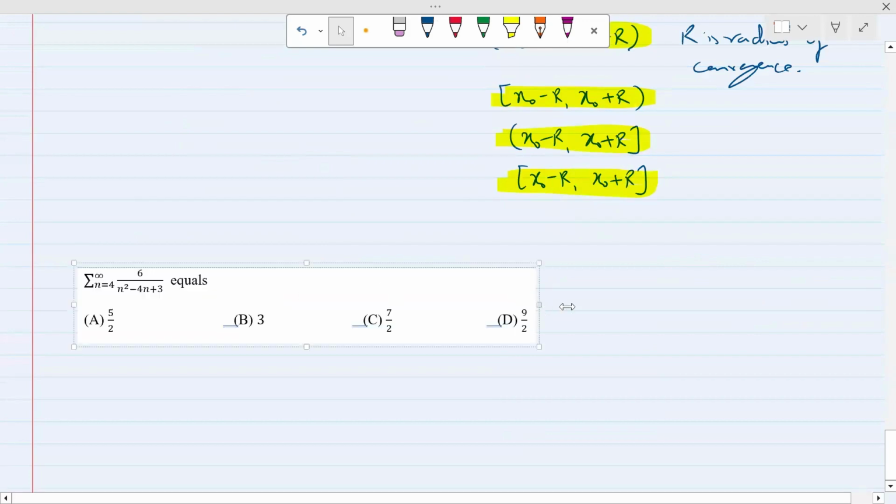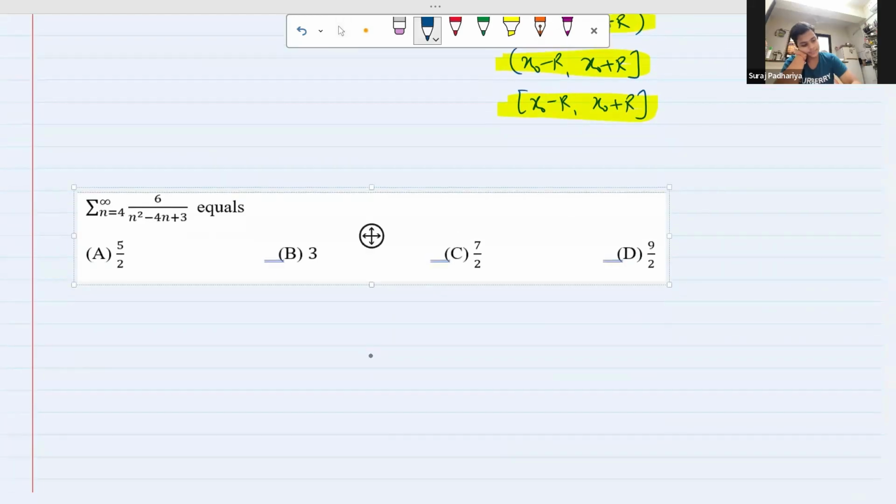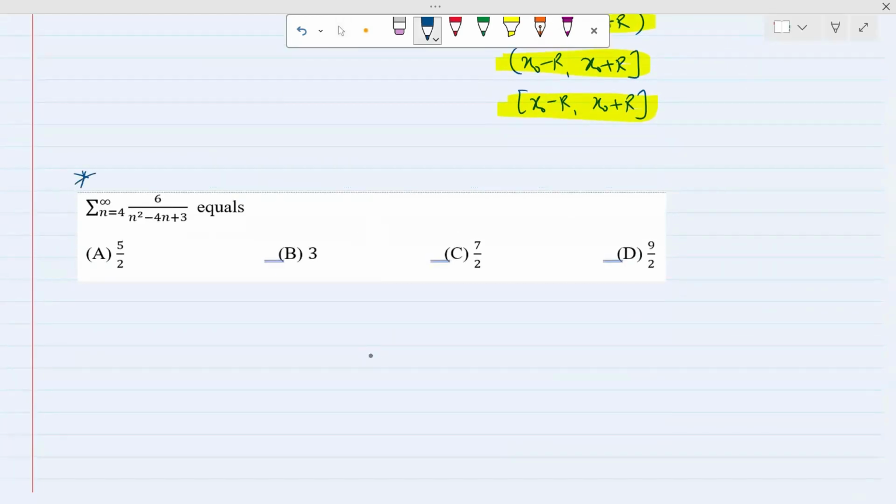I hope the problem is visible to all of you. Yes, sir. Try this problem. Whenever you see such a kind of sum, the denominator is n squared minus 4n plus 3.